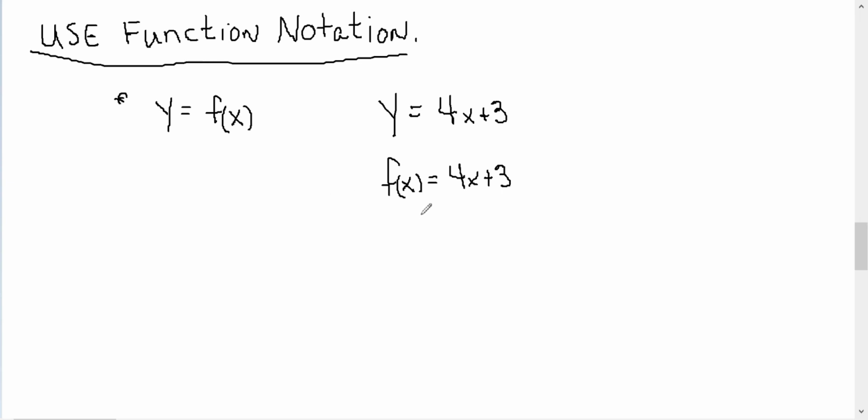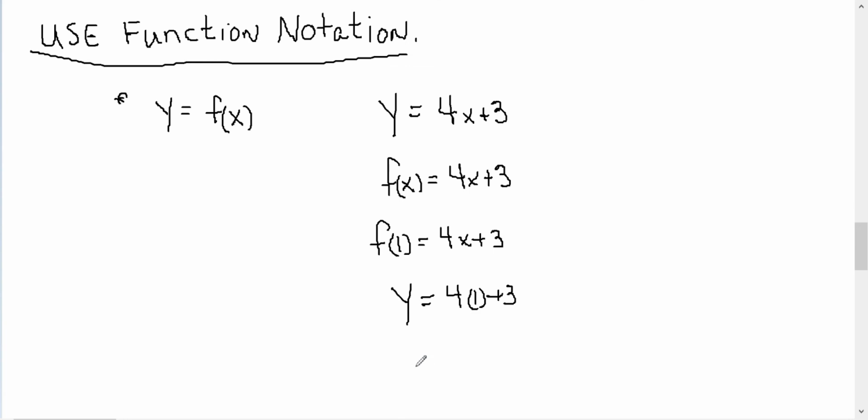And then I could say something to the effect of, well, what is f of 1 in my notation? F of 1 in 4x plus 3. Now this is telling us to substitute the x with 1. I'm going to substitute the x with 1, and now f of 1 becomes y equals 4 times 1 plus 3.